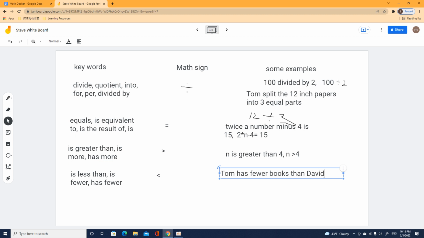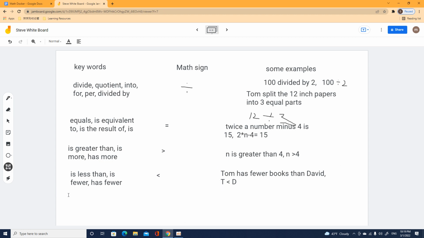Here we use the T to express Tom's book and use the D to express David's book. So in this kind of scenario, Tom's book should be smaller than David's book. T smaller than D. So that is the smaller sign.